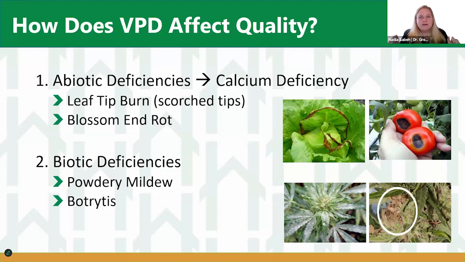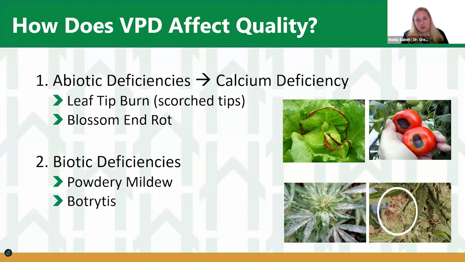If your VPD is too low and you have a really high relative humidity and you slow down the transpiration process, now the calcium can't move, right? It's going to move very slowly through the plant.